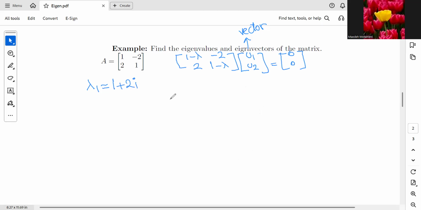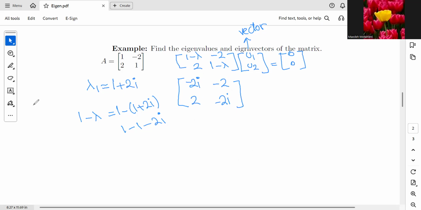Okay, so if lambda 1 is 1 plus 2i, 1 minus lambda is going to be 1 minus (1 plus 2i). It means 1 minus 1 minus 2i, so altogether this one will be negative 2i. Same for this one. And these two remain the same.